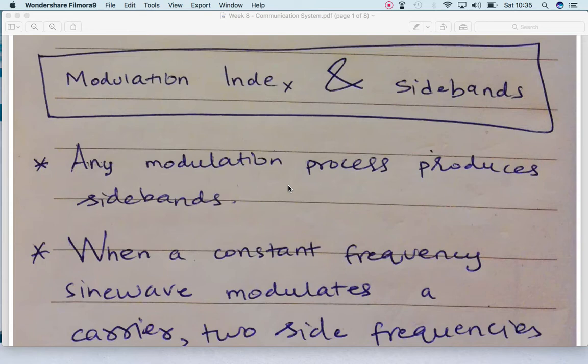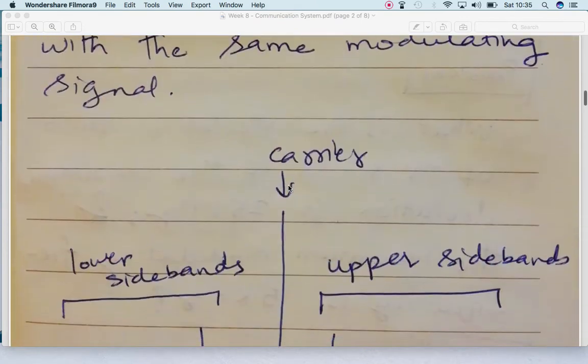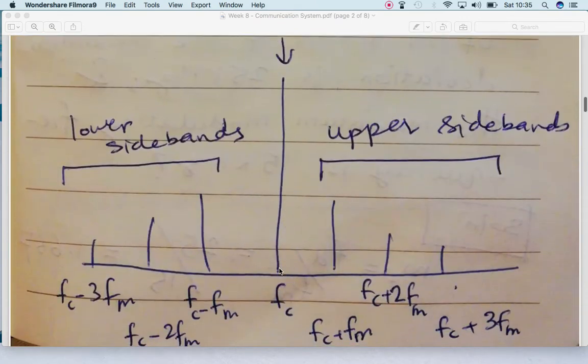Whenever we see that output modulated signal in the frequency domain, then we can see that there is a central frequency which is the carrier frequency, and on the right hand side we have the upper sidebands, and on the left hand side we have the lower sidebands which are representing the information over there.